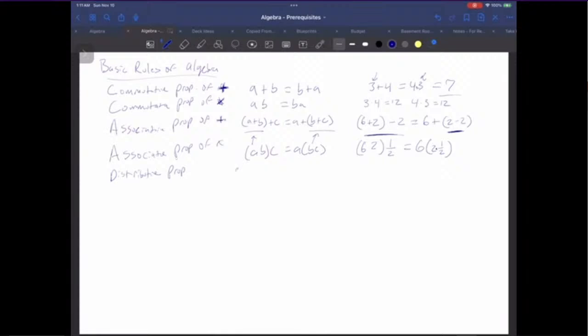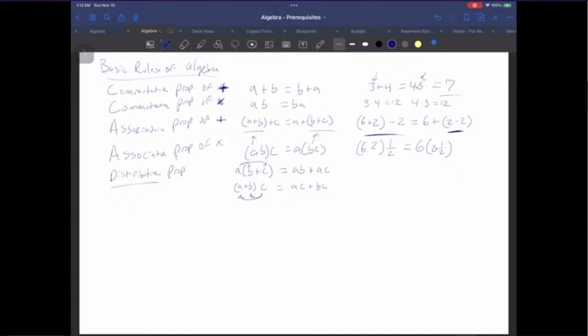What that says is when you have A times B plus C, that's going to be the same as A times B plus A times C. Similarly, if you have A plus B times C, you're going to have A times C plus B times C. The way you would think about this, because of the word distributive, is you are distributing the A to all of the terms, or you're distributing the C to all of the terms.